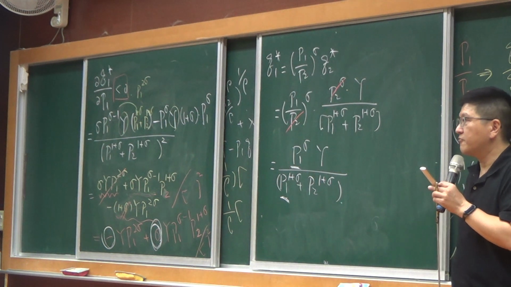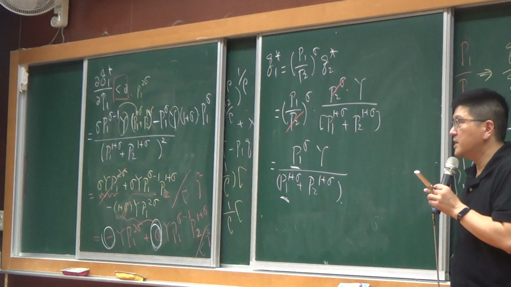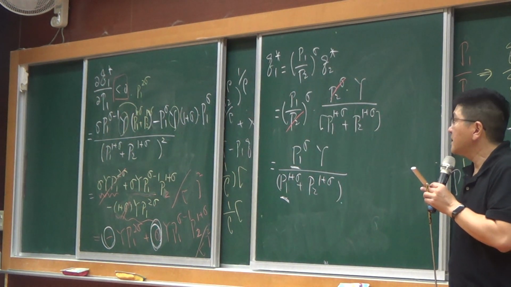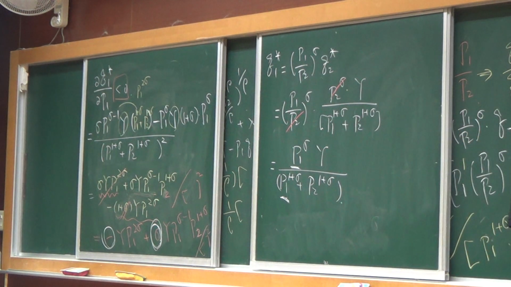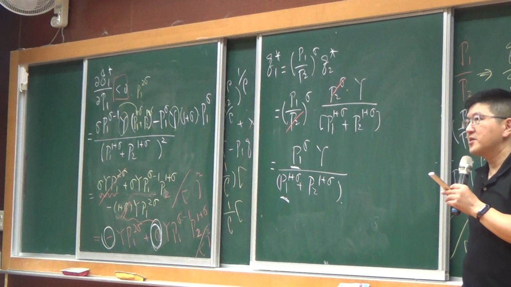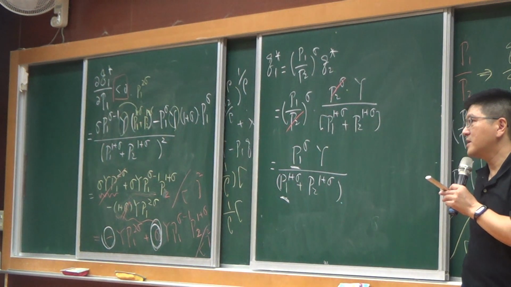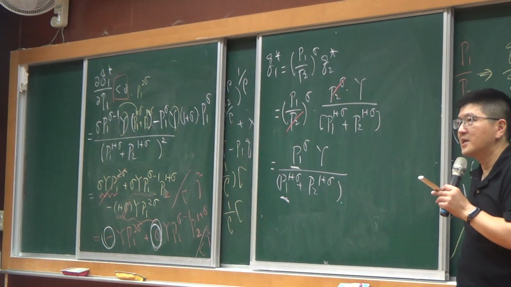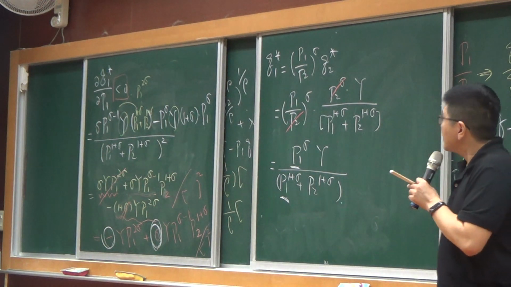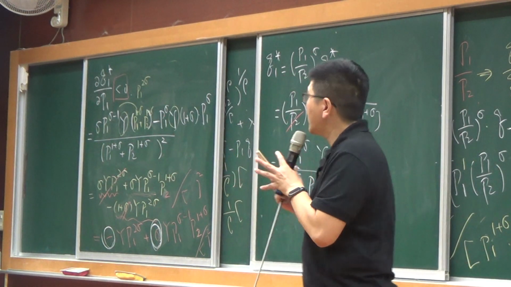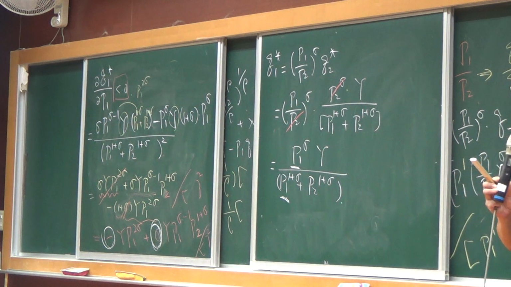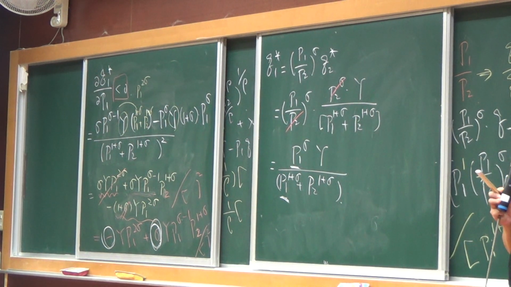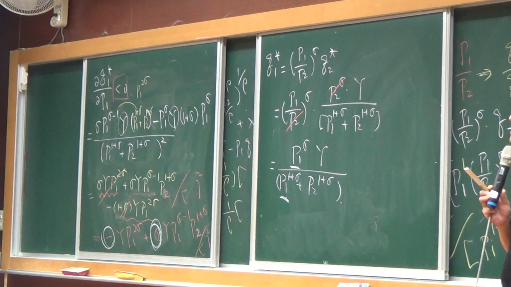Okay, so have we already proved that the demand function of Q1 satisfies the law of demand? Yes, right? The higher the price P1, the lower the quantity demanded Q1 star. It's an inverse relationship, right?